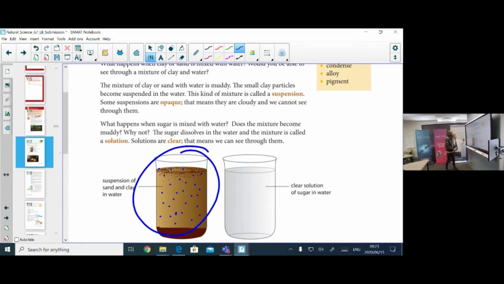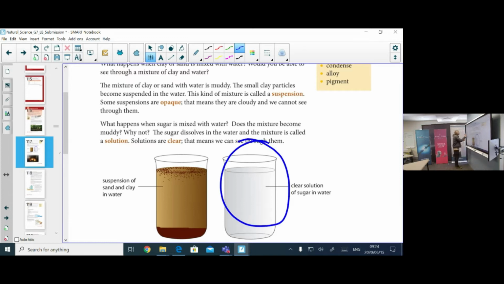As you see on the board, this is a solution of water and sand, or water and soil. So water and sand or water and soil will give a solution that is very difficult to see through. And that there we'll call a solution that is opaque. And we'll have a solution that is now clear, where we are mixing salt and water.